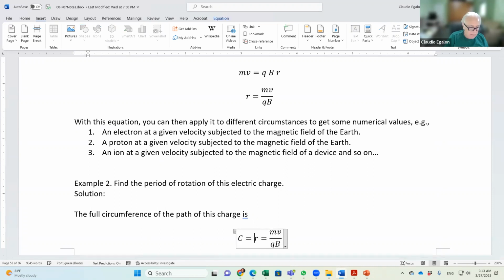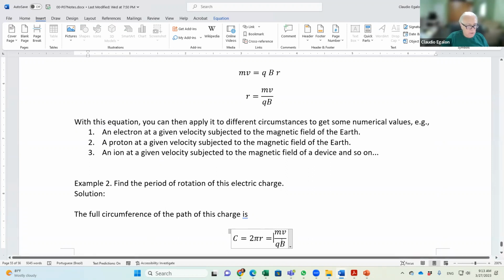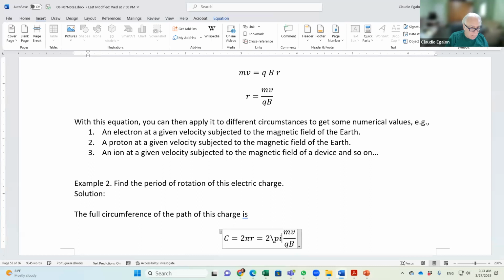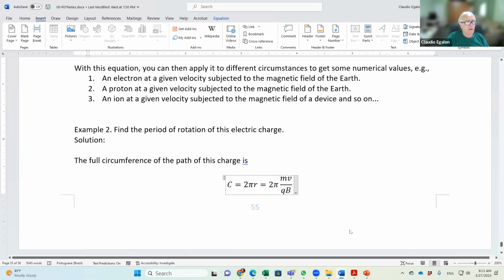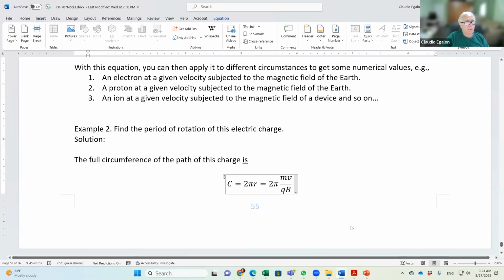I'm going to put that big C equal to 2 pi r, which is 2 pi mv over qB.